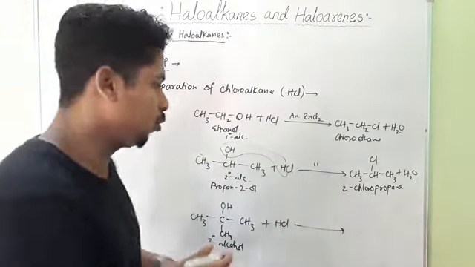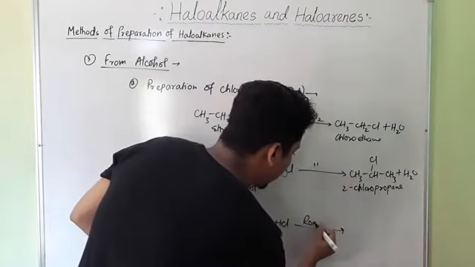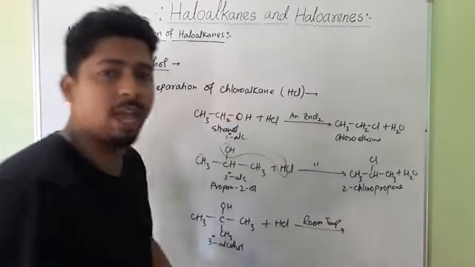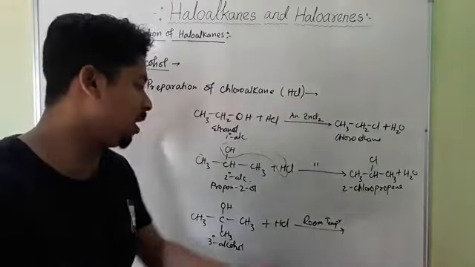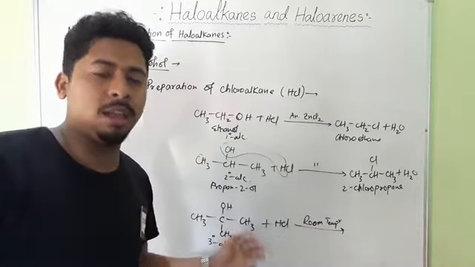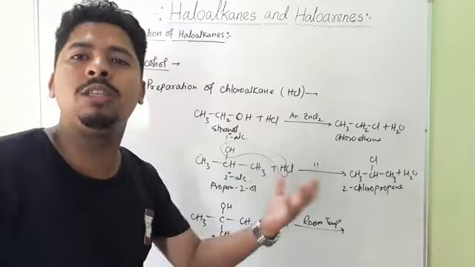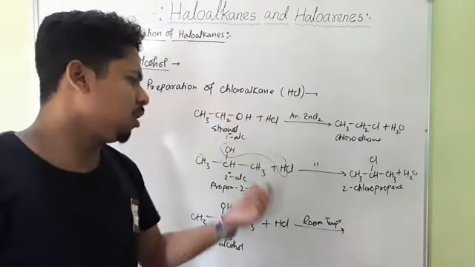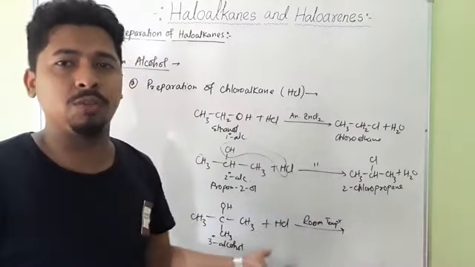At room temperature, even in the absence of ZnCl2, this 3 degree alcohol can react, because it forms a 3 degree carbocation, which is quite stable, so it can conveniently form the product.